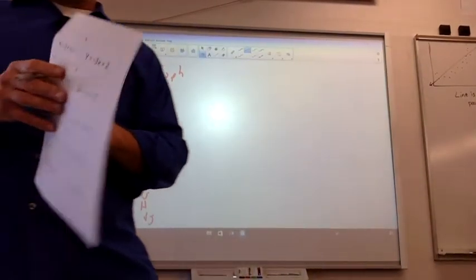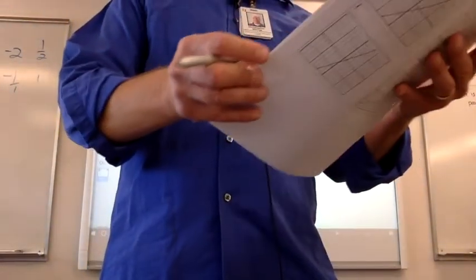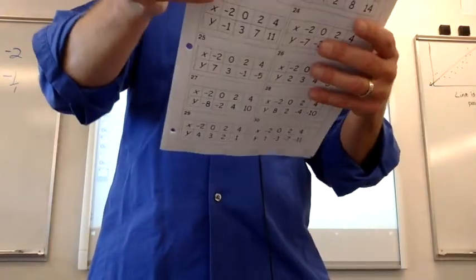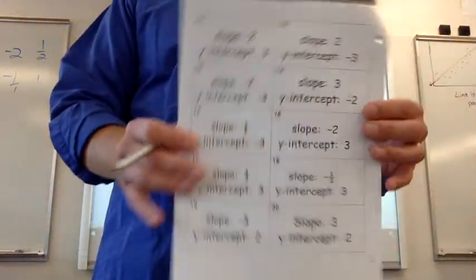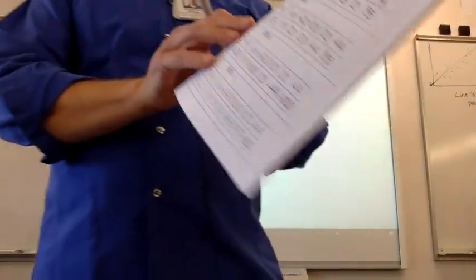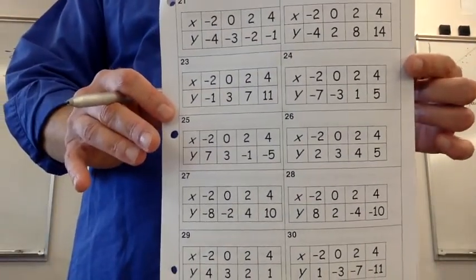Okay? Then the following page after that, you have all of these equations. So you have 10 equations, 1 through 10. The page after that, it talks about the slope of the y-intercept. And then the page after that, 21 through 30, is kind of a table of all the graphs.